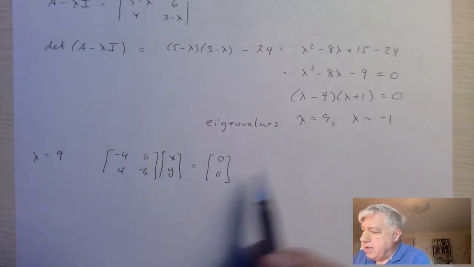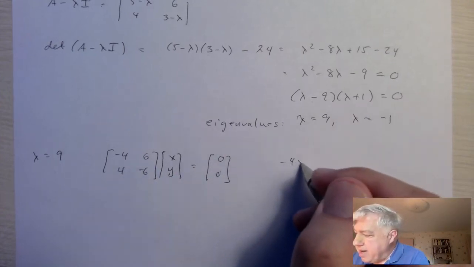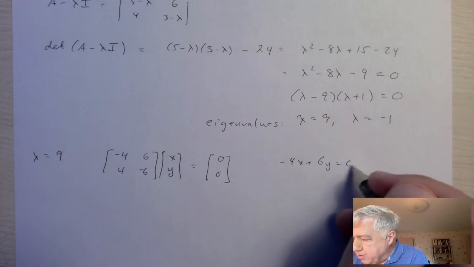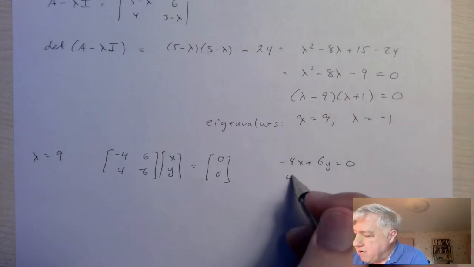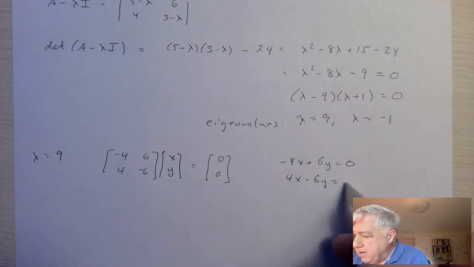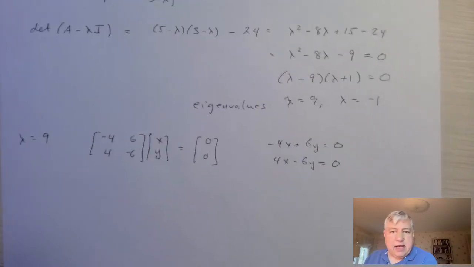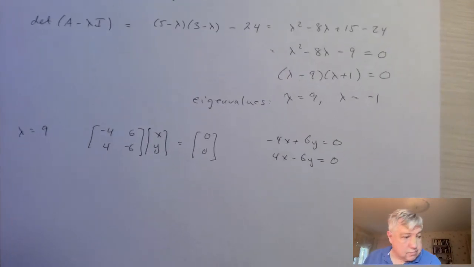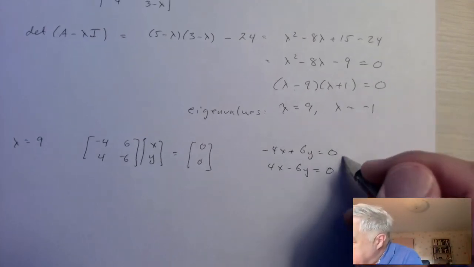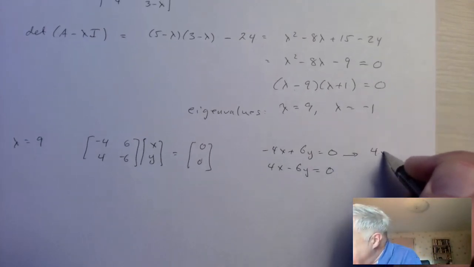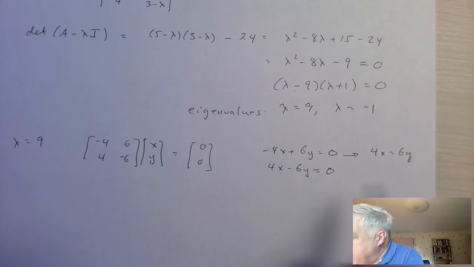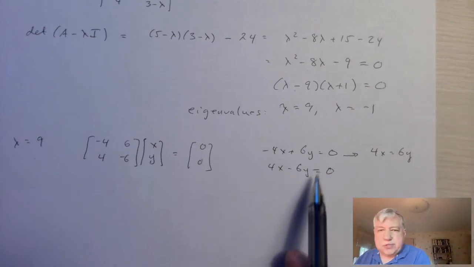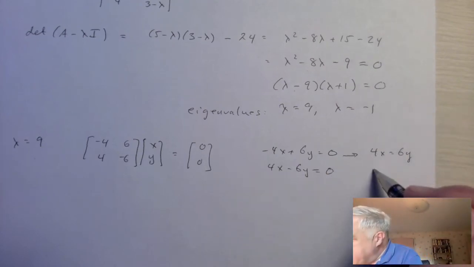The first one tells us that -4x plus 6y equals 0. The second one tells us that 4x minus 6y equals 0, and that's not too bad, is it? Because this basically tells us that 4x equals 6y. This also tells us 4x equals 6y, and we can divide by 2 and get 2x equals 3y.